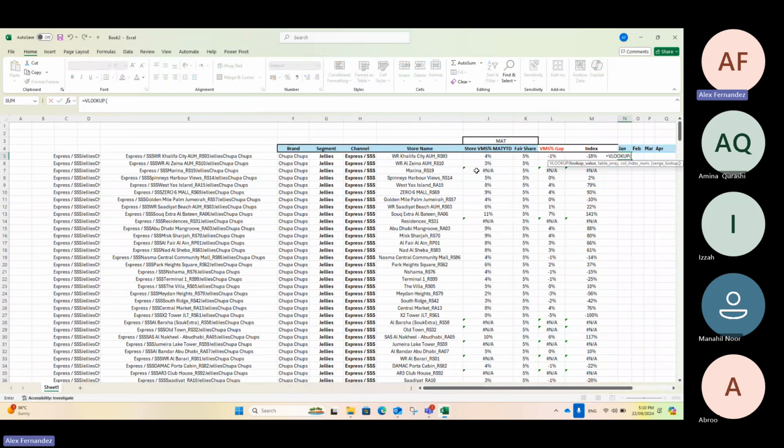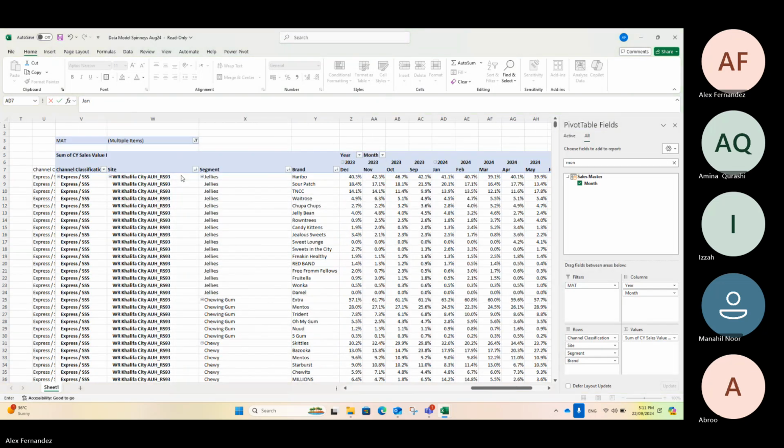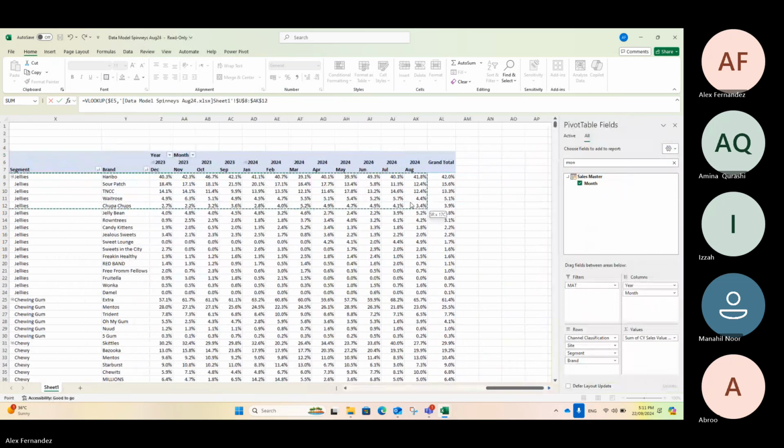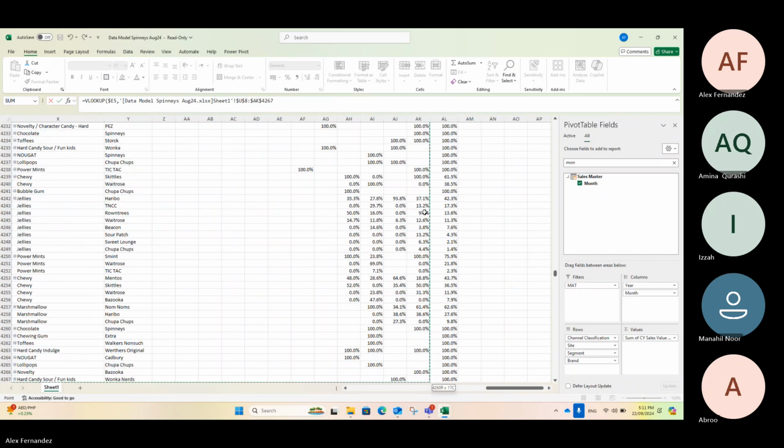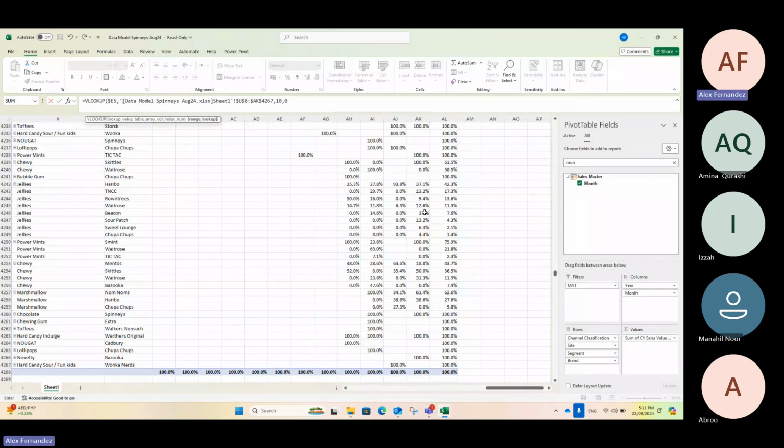Equal VLOOKUP. This one, make sure it's fixed. From 10 to 17. So this is 10.